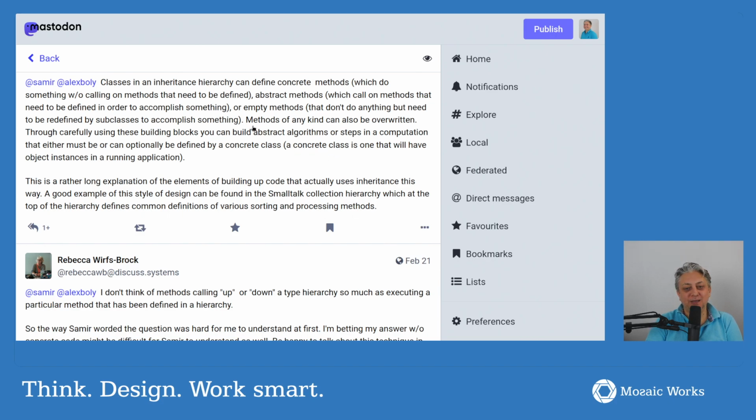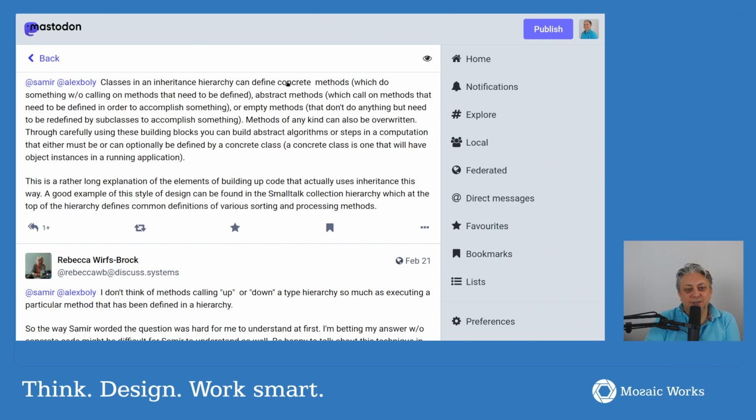So let's break this down a little bit, because I found it very interesting, and it's a different way of thinking than I was using. I was thinking more in terms of design patterns for classes, but she broke it down into design elements, into design building blocks, which is very, very cool.